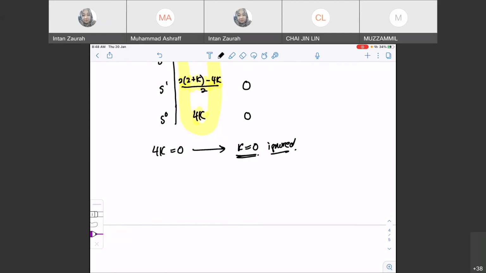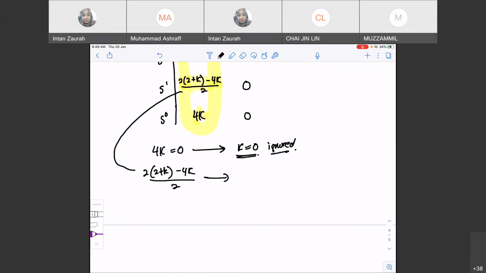So you go to the next value, which is (2 plus k minus 4k) divided by 2. So what do you get? So I have 2k minus 4k.